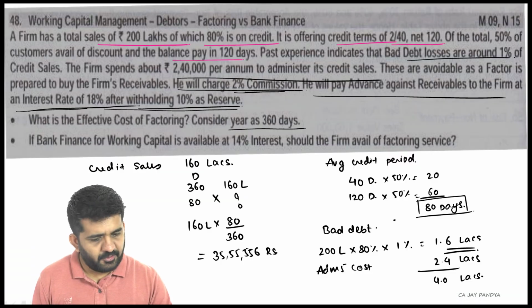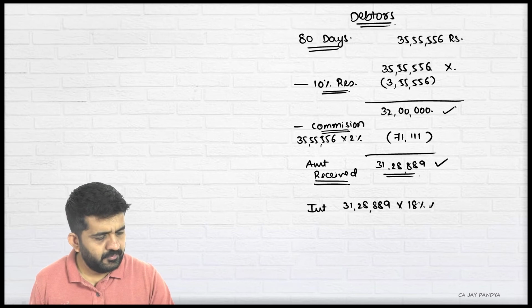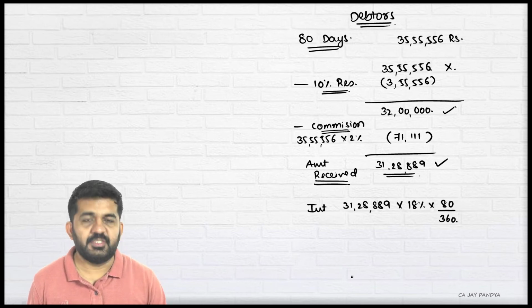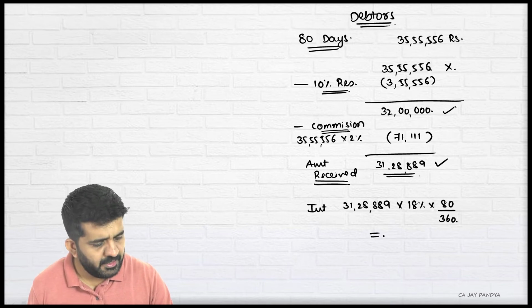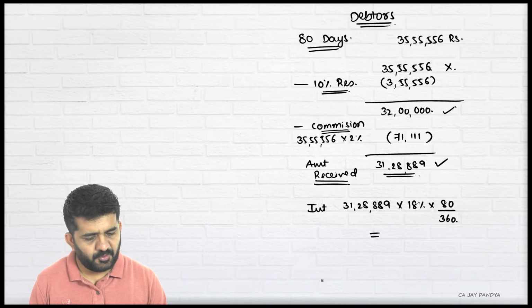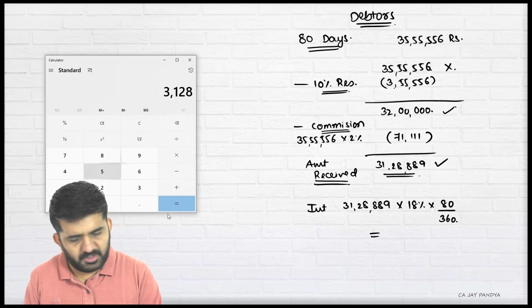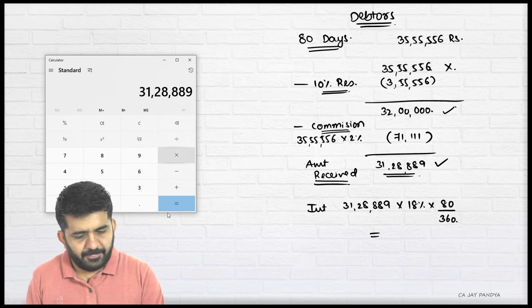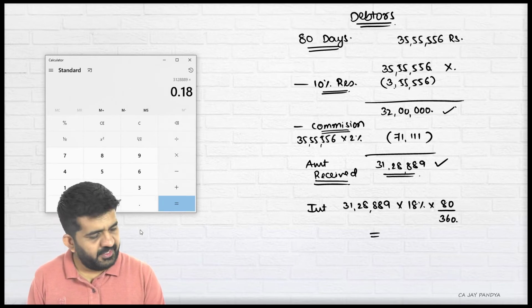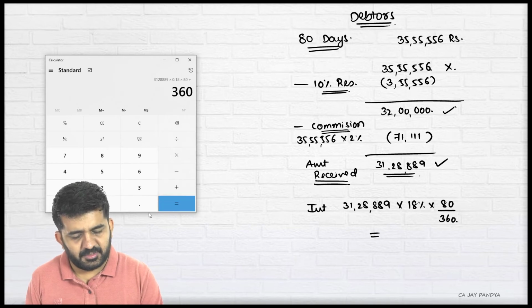The rate of interest is 18% into 80 divided by 360. Is it all? This will be interest for 80 days, and interest for 80 days will be 31,28,889 multiplied by 0.18 multiplied by 80 divided by 360.